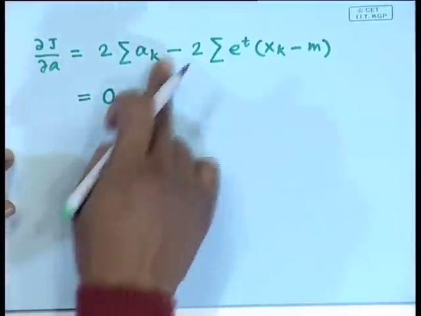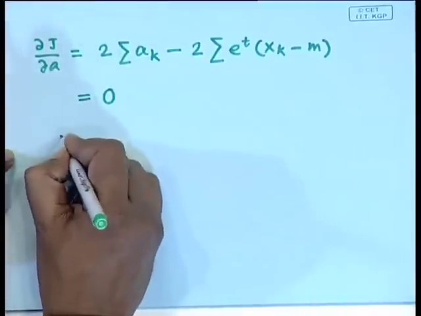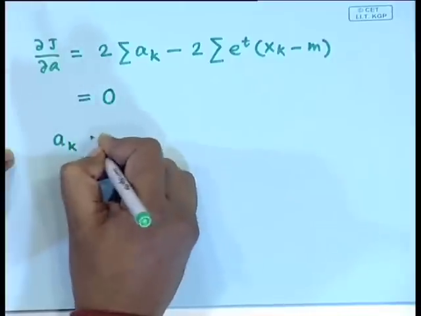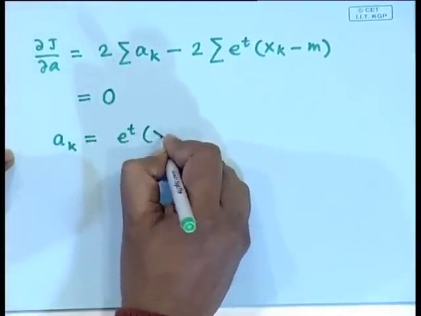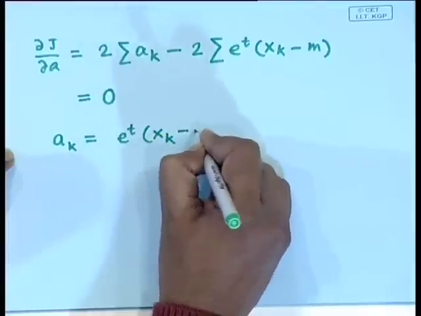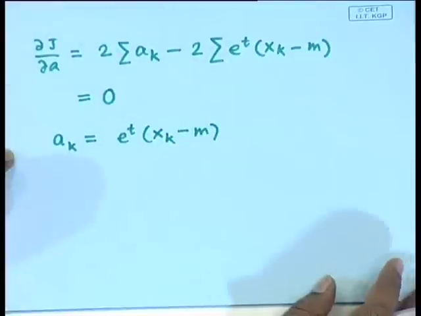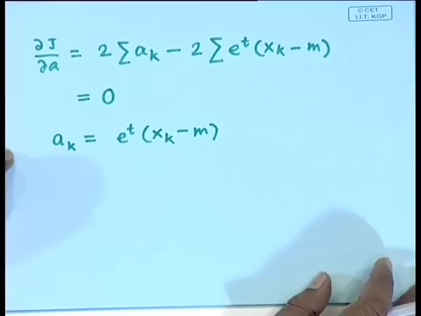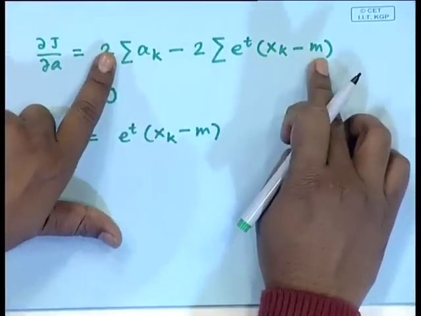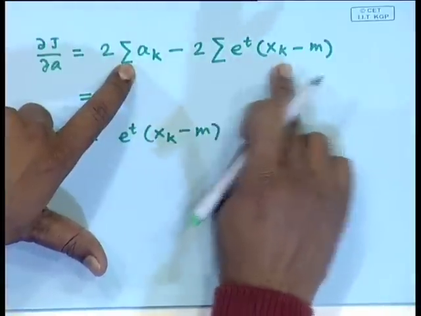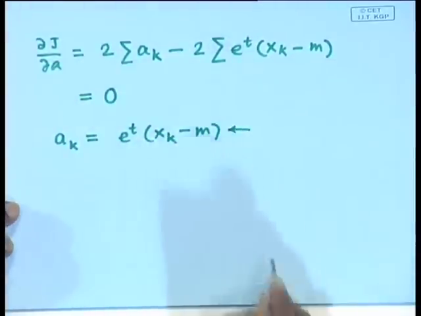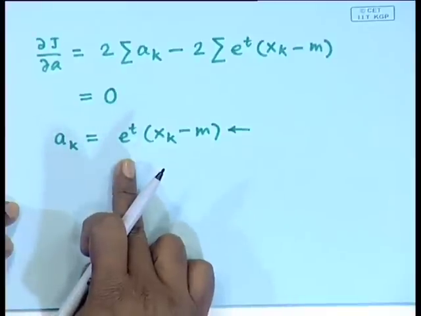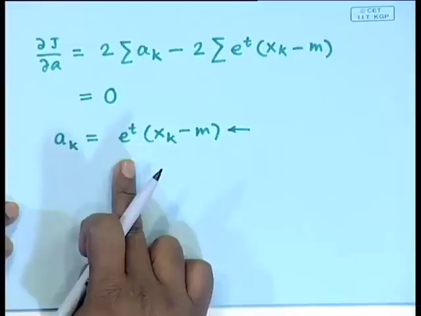When I equate this to 0, I get simply a k is equal to E transpose x k minus m. Now, what is this? E is a unit vector in the direction of the line.